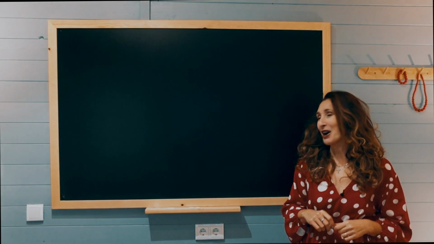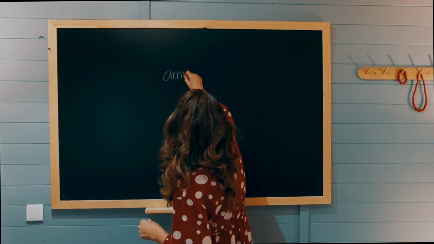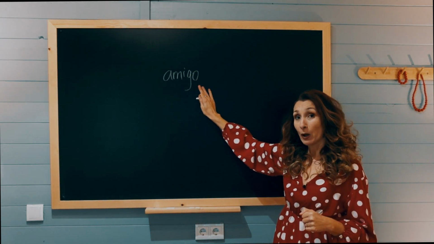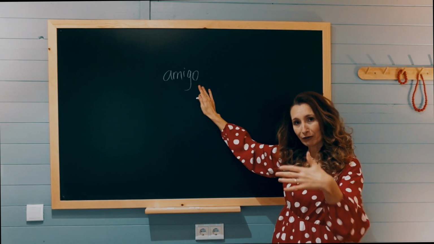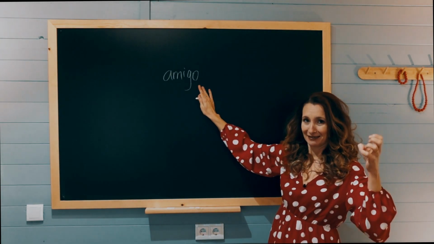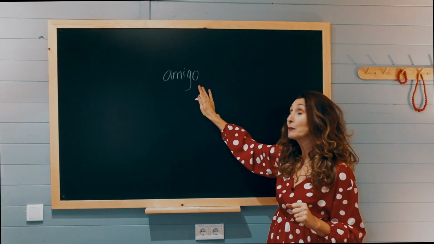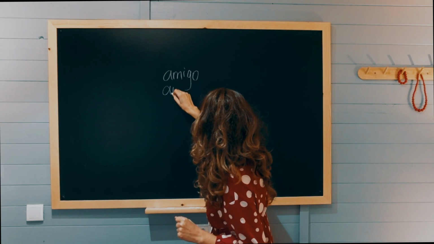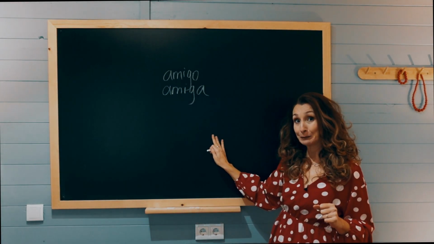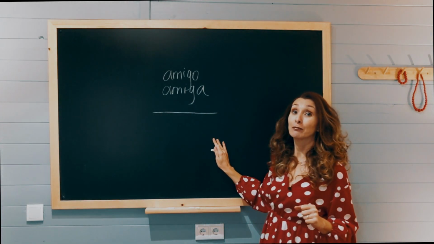Amigos, let's go. Okay, so as you've seen, I've just used it. Amigo is a boyfriend, not necessarily a boyfriend as in someone I'm dating, just a friend who is a man, okay? Amigo, and a girlfriend will be amiga. And then we will also have plural.